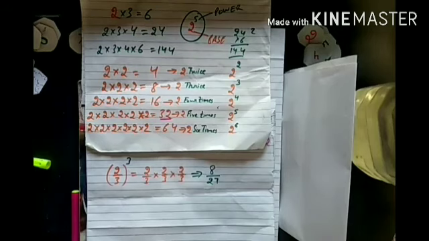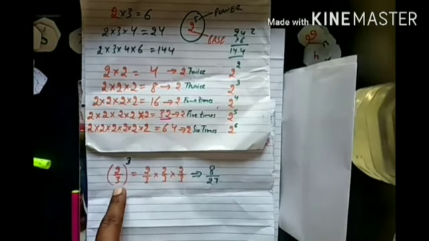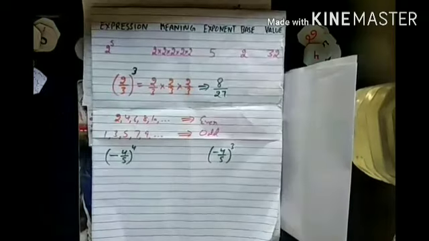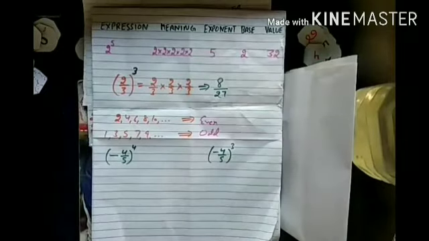But one thing must be noted, that your rational number should be in the base, it should not be in the power. Now we know that if we multiply a negative rational number even times, then the answer is positive, and if we multiply a rational number odd times, the answer is negative.